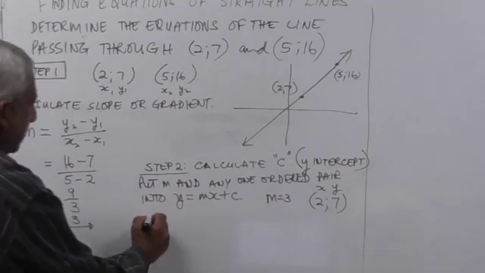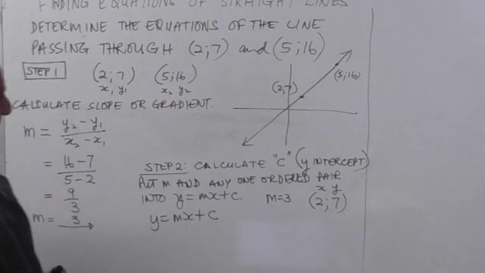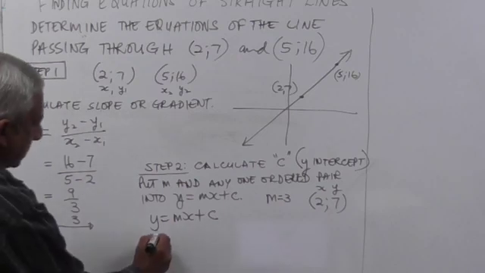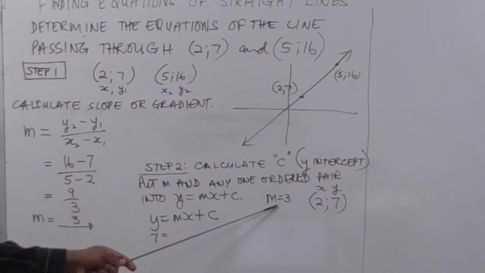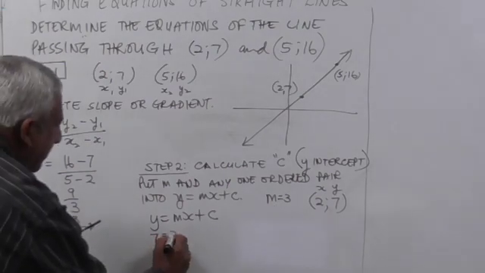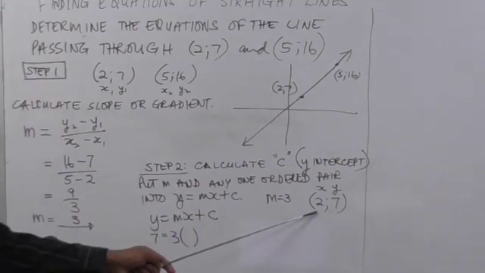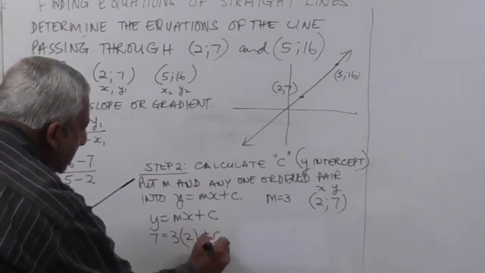Right, now we start. Y is equal to mx plus c. Now, substitution. What is y? Y is 7. So 7 is equal to, what is m? M is 3, into x. What is x? X is 2 plus c.